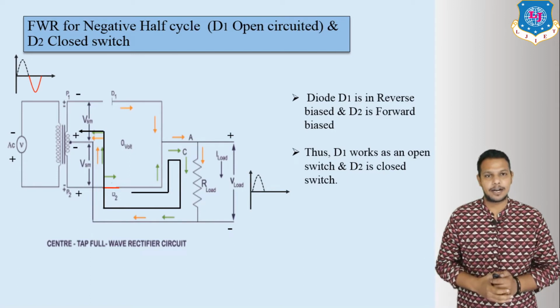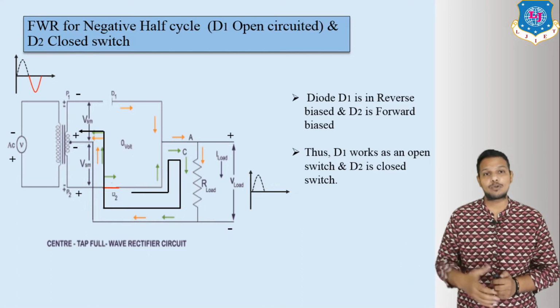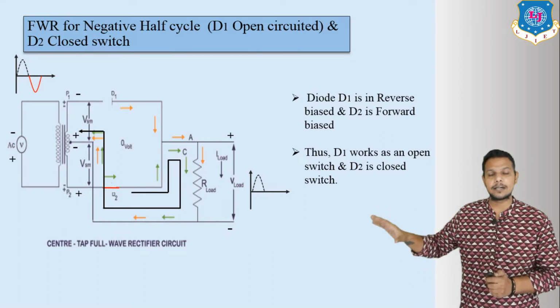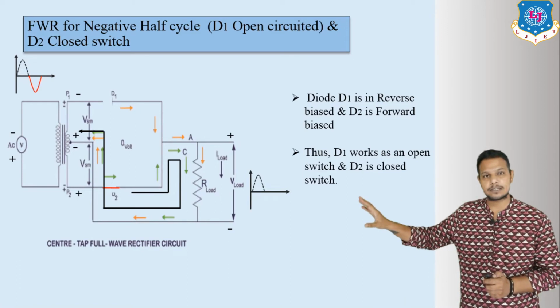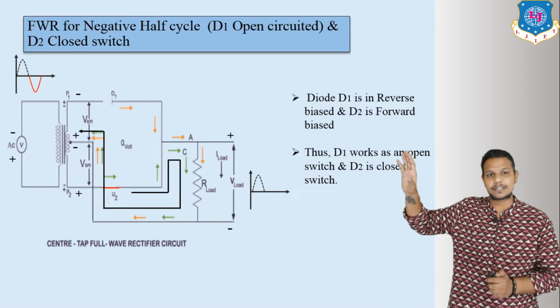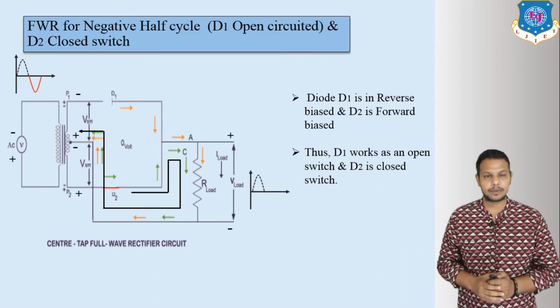Now this is the important thing: why do we get positive at the output side? Because here we can see we will get output across the load resistance, so its polarity is the same as the previous one.